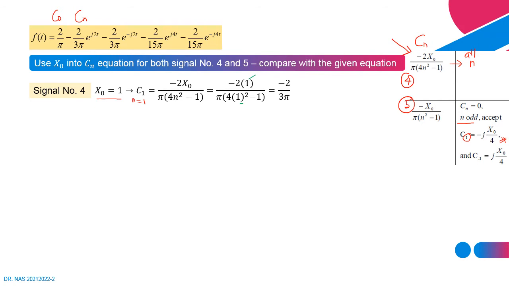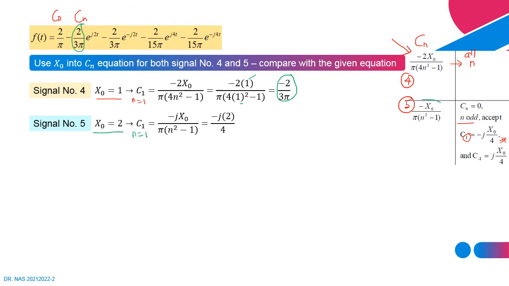If you compare this one to this one, it is more or less equivalent, or similar, but we need to check signal number 5. For signal number 5, X0 from the earlier calculation equals 2. Again, we consider the same n equal to 1, so now you need to replace the Cn equation with n equal to 1.